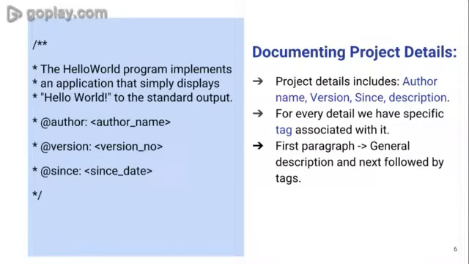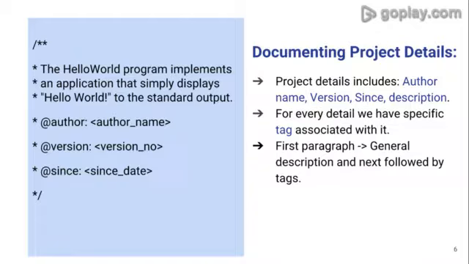Documenting is giving a brief explanation about the project: who the author of the project is, who has created it, and what the current version of the project is. You can see different tags here. The at-author tag specifies the name of the author, the at-version tag specifies the version we are currently using, and the at-since tag is the date the project started.